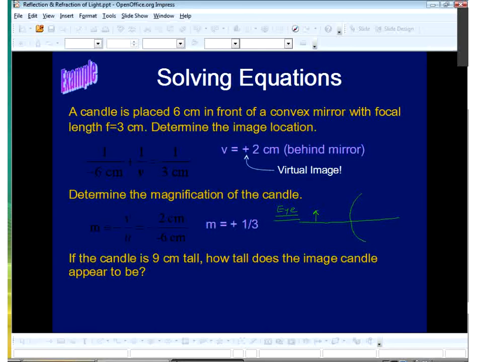Any problem with that question? 9 centimeter tall object, magnification is 1 by 3. So image size should be how much? Three centimeters.